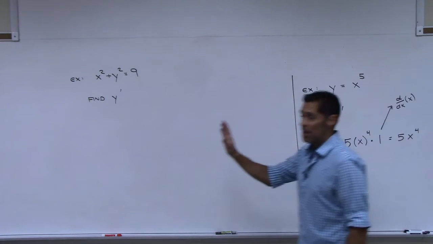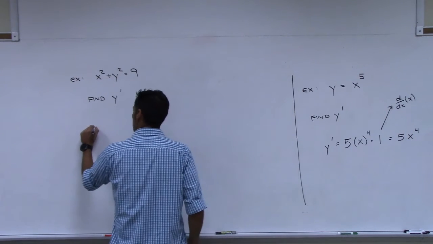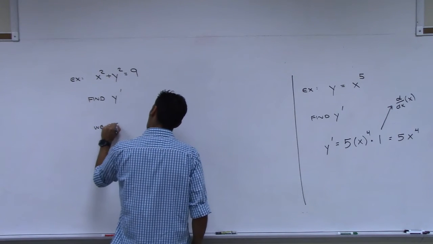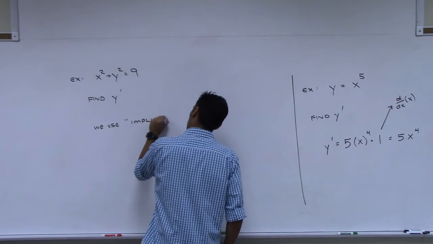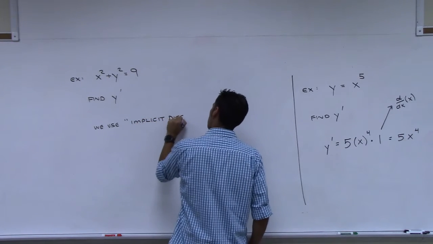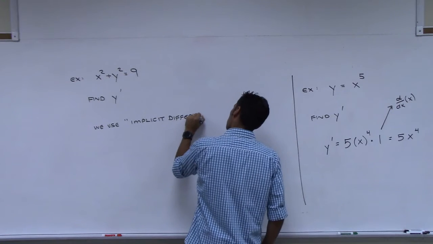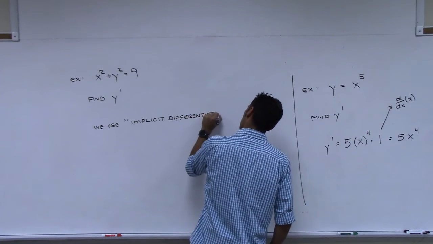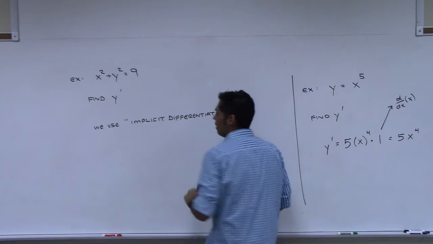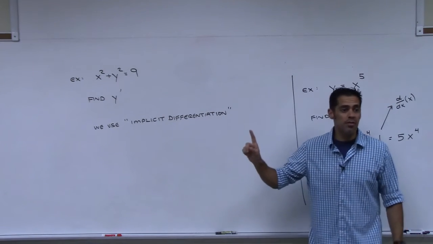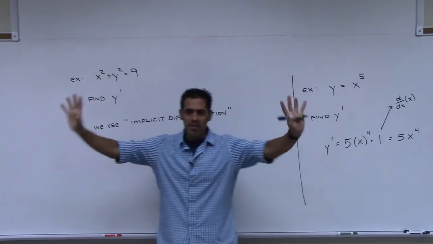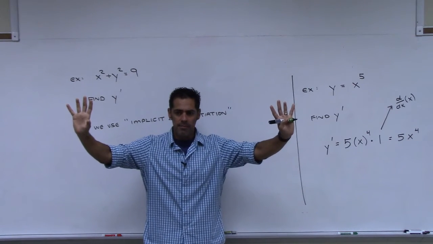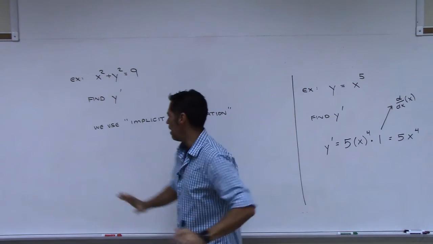So the way we do this is we use what we call implicit differentiation. All right. And to do that, what we're going to do is take the derivative on both sides of the equation at the same time. All right? So just watch me write it down first.